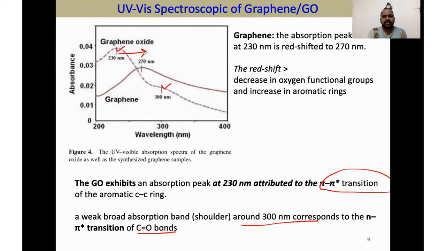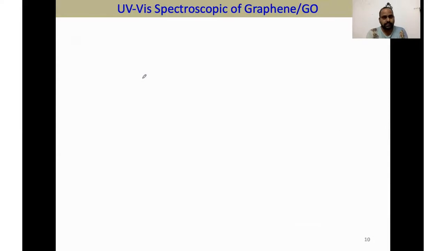And this red shift is happening because of a decrease in the oxygen functional groups and an increase in the aromatic ring. Now you have reduced the oxygen bonding and you only have the aromatic ring in the structure. So by doing UV-visible spectroscopy analysis, we can also get an idea about graphene oxide, reduced graphene oxide, or graphene.